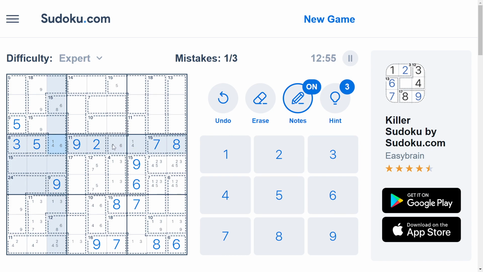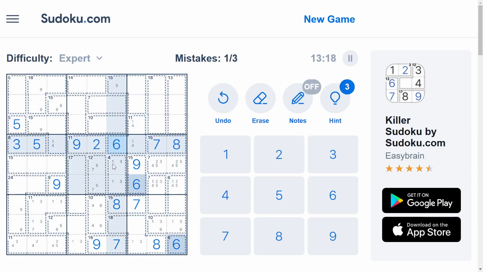Okay. We got a lot of knowledge gain. So let's say this was a 4, then this would have been a 1, then this would have been a 6. Let's say this was a 6, then this would have been either a 4, then this would have been a 1, or this would have been a 1, then this would have been a 4. So 1, 4, 6. Then the 6 is already blocked over here, so this has to be a 6.